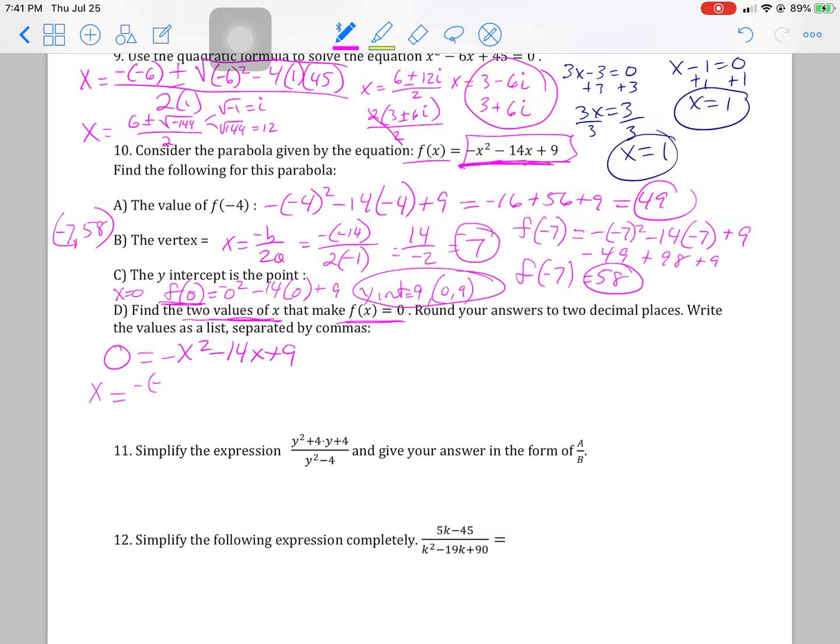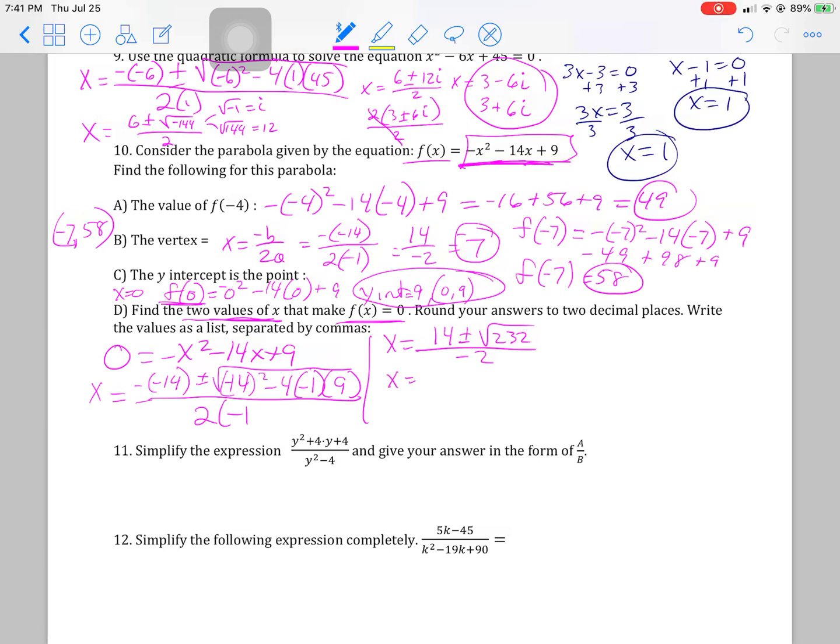So negative 14, opposite b, plus or minus square root of 14 squared minus 4 times negative 1 times 9. I always write all that out, and then you find the discriminant first by itself. So x is going to equal 14 plus or minus the square root of 232 over negative 2.